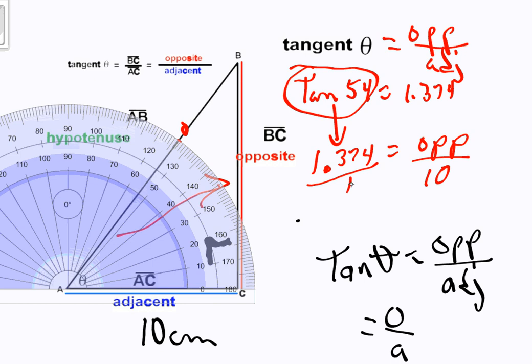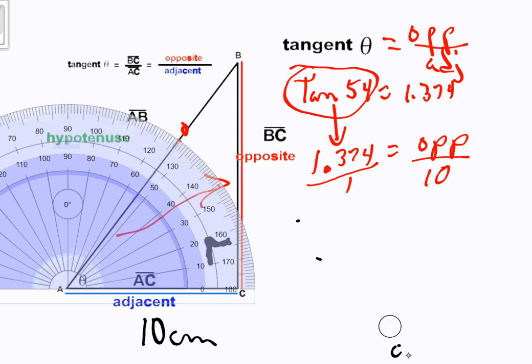Now notice this, we want to know what our opposite is. The problem is that our opposite is divided by 10. If we didn't divide by 10, it would make things a lot easier. So let's undo that. Let's multiply both sides by 10, and 10 goes into 10 once.